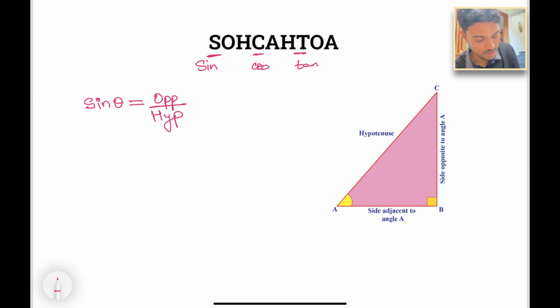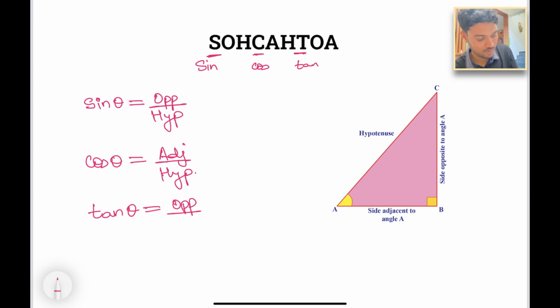What is cosine theta? Cosine theta is nothing but the ratio of adjacent upon hypotenuse. And what about tan theta? Tan theta is nothing but the ratio of opposite upon adjacent. So in which case do we have to apply trigonometric ratios? In the case where one side and one angle is known to us.